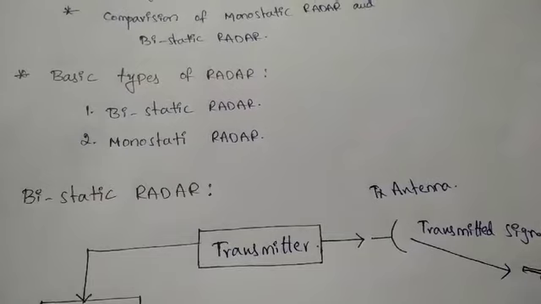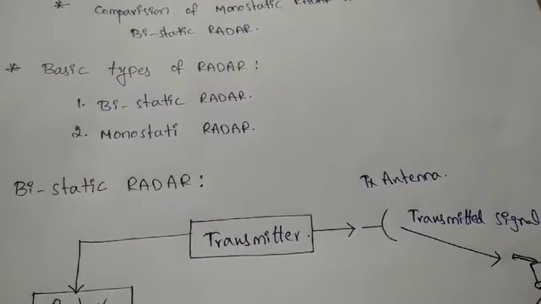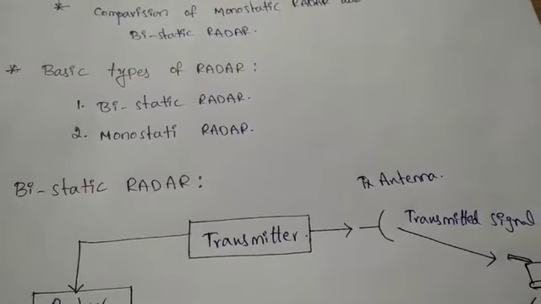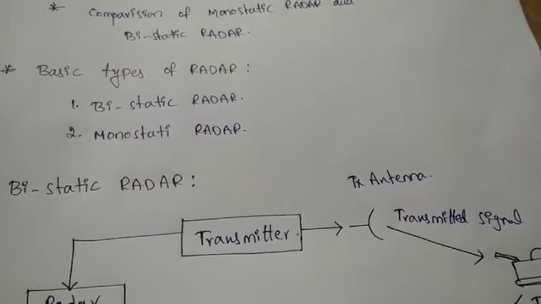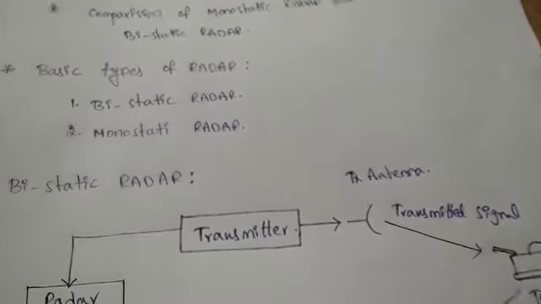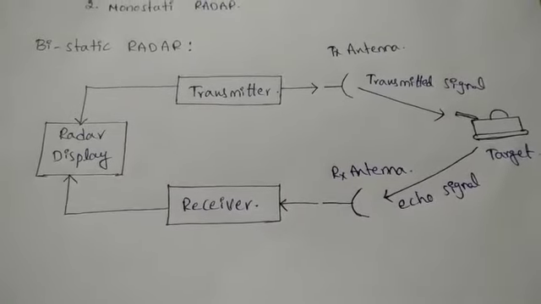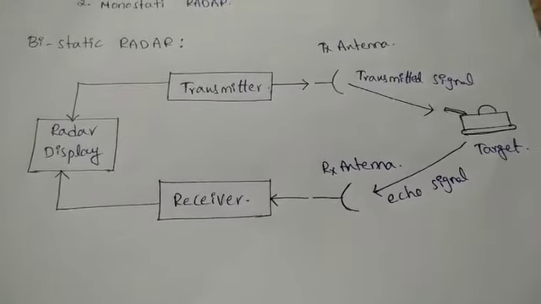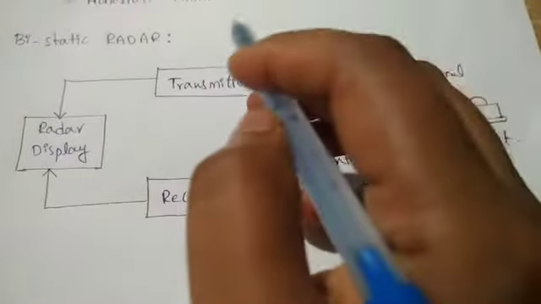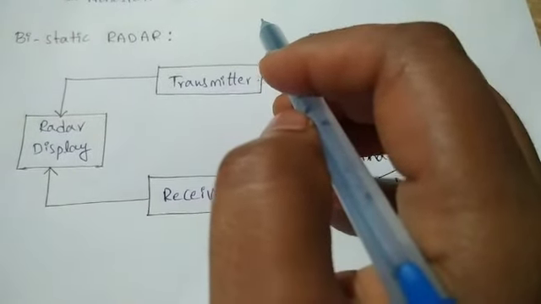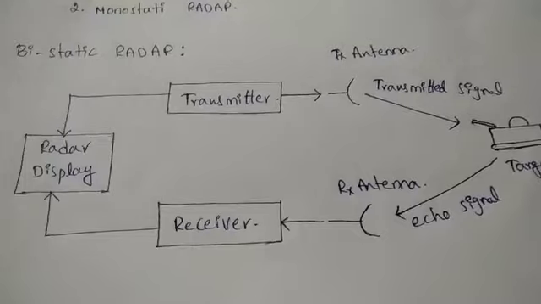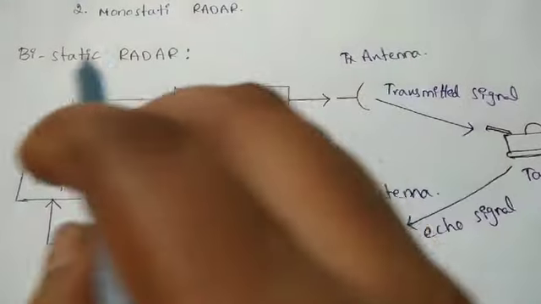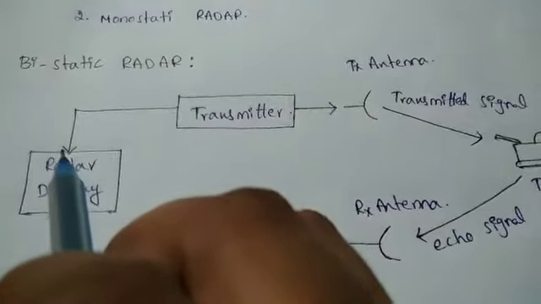Basically, based on structure, a radar system could be defined as a bistatic radar system or a monostatic radar system. So let us first have the bistatic radar system. As we can see in the bistatic radar system, we have a transmitter connected to the transmitting antenna, and that signal is given to the radar display.